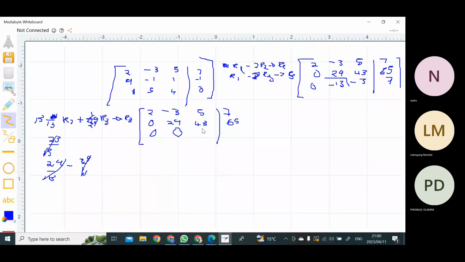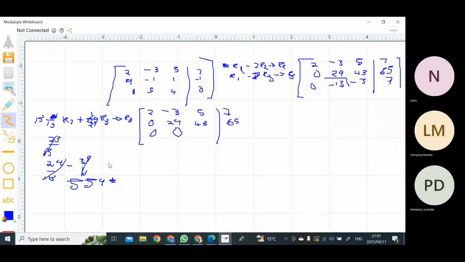Then here now you're going to say 13 times 43, which is going to be 559. We add, because we are adding here, and we check the sign there. The sign here is minus 3, which means it's going to say minus.